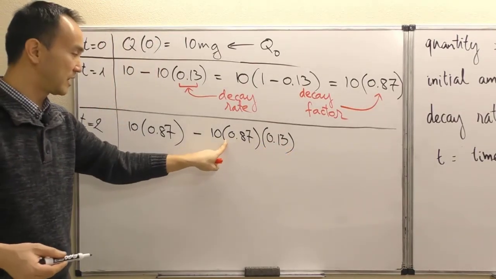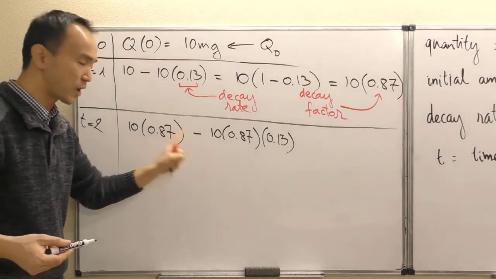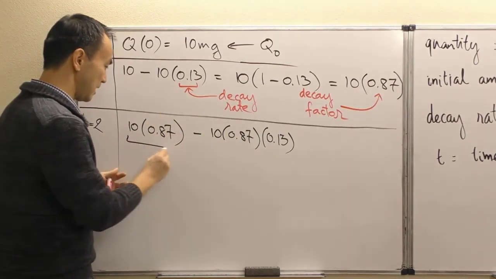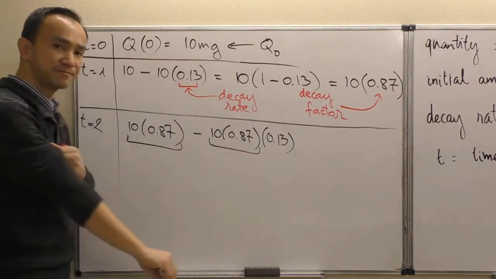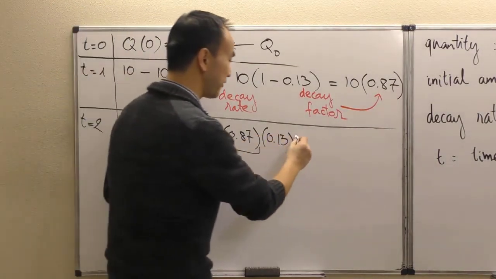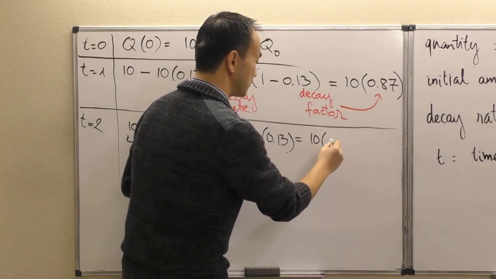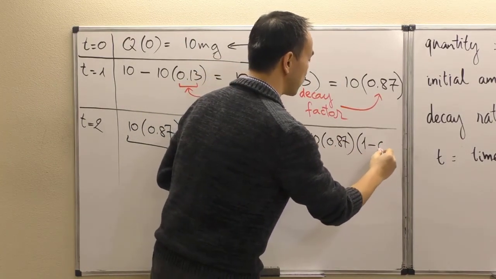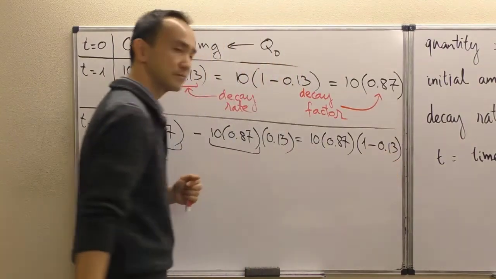Here it's a decay process, so we subtract it away. But see, again, common factor. So now I can factor out the 10 times 0.87, and leave behind 1 minus 0.13.